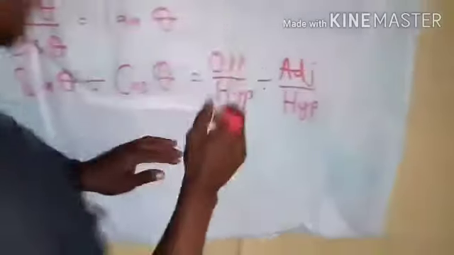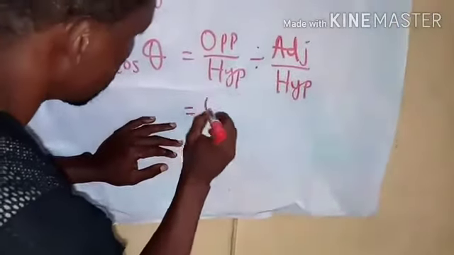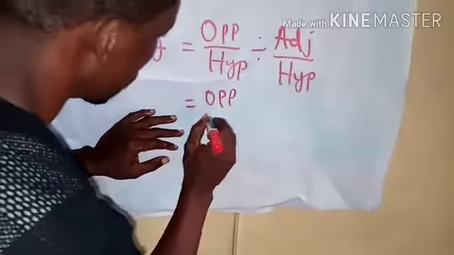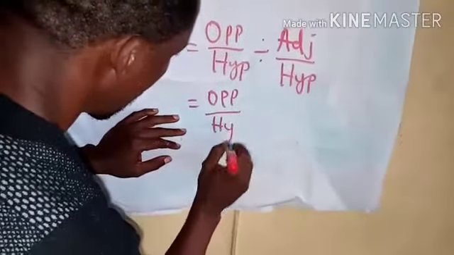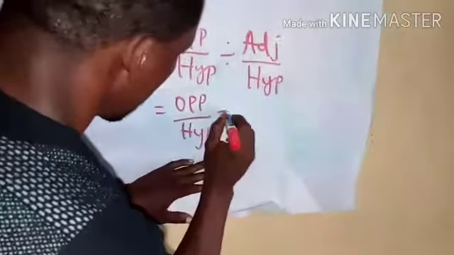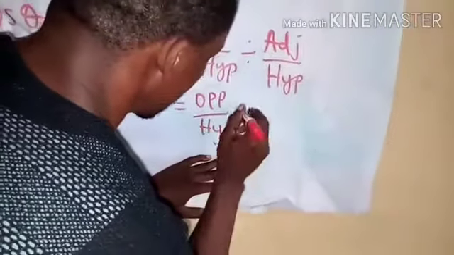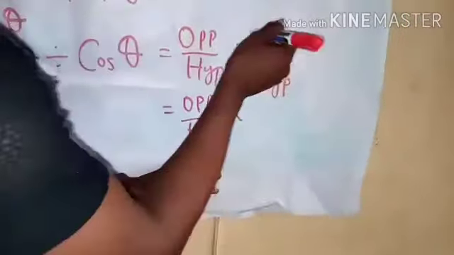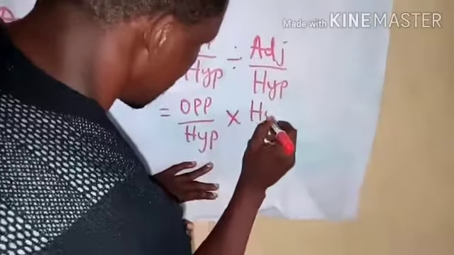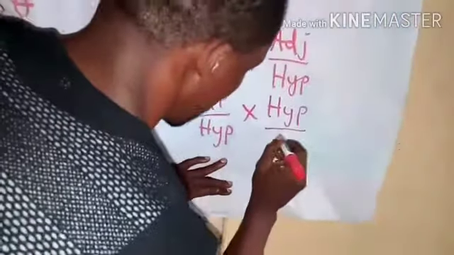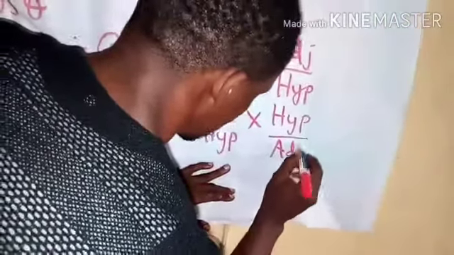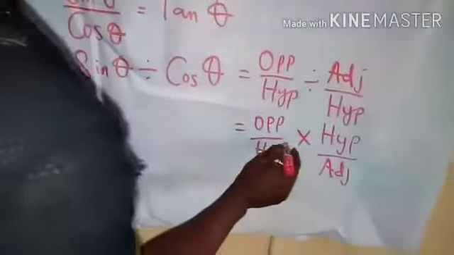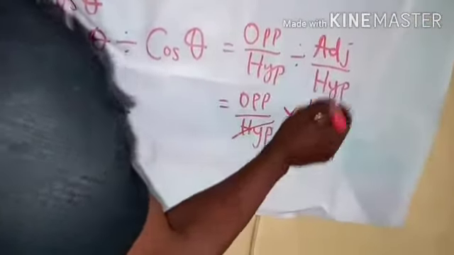Then mathematically, this is the same as opposite over hypotenuse times, this will be reversed, hypotenuse over adjacent. So this will cross out this.